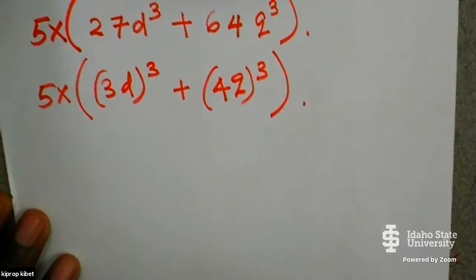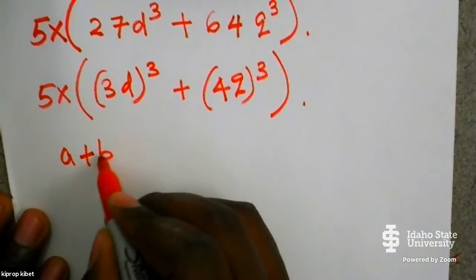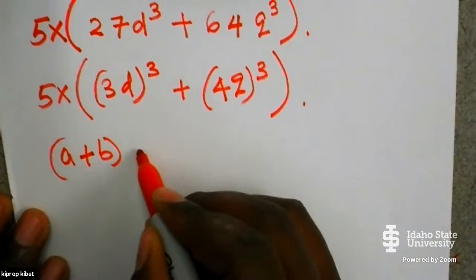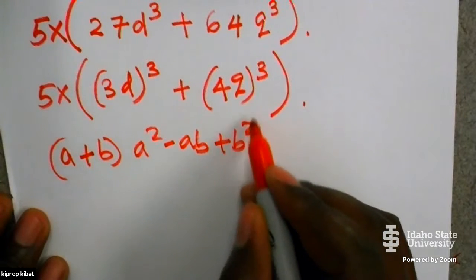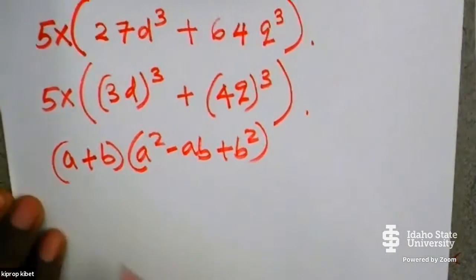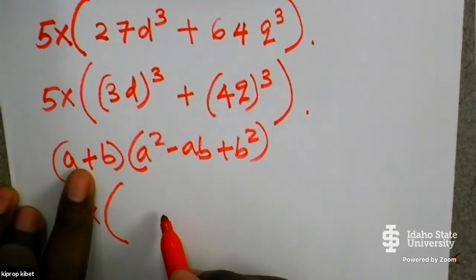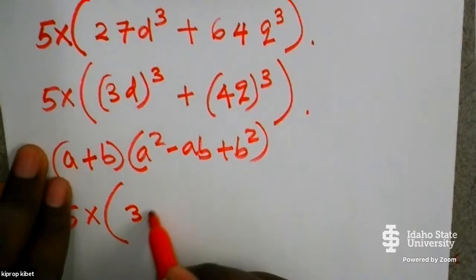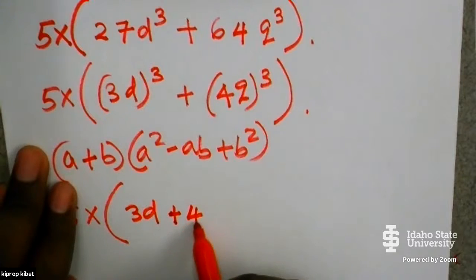Number 1 is a plus b, a squared minus ab plus b squared. So we remain with 5x outside. The inside is a, which is 3d, plus 4.